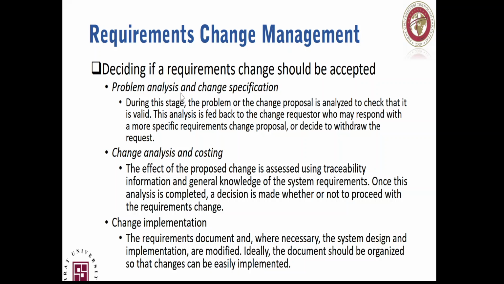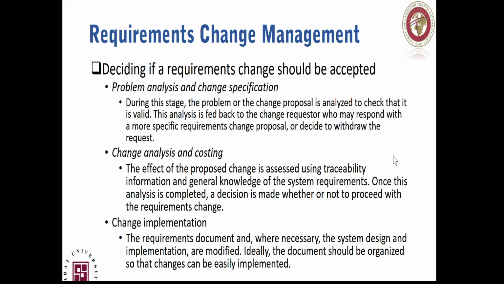After the problem analysis and change specification, after we confirm, let's say, the requirement is valid, we need to move to the change analysis and costing. So we have a problem in the requirements, we need to change it. We have a proposal of change. In order for us to apply the change, we need to see the total effect of the proposed change on the whole system. So we need to assess using the traceability we mentioned earlier.